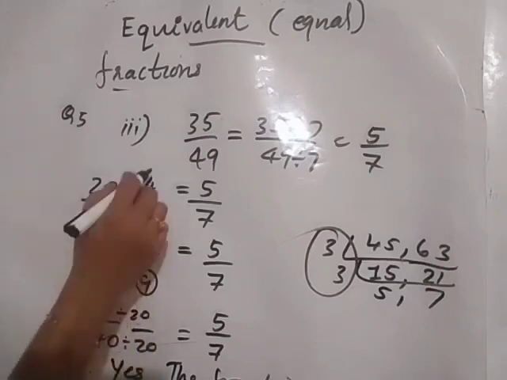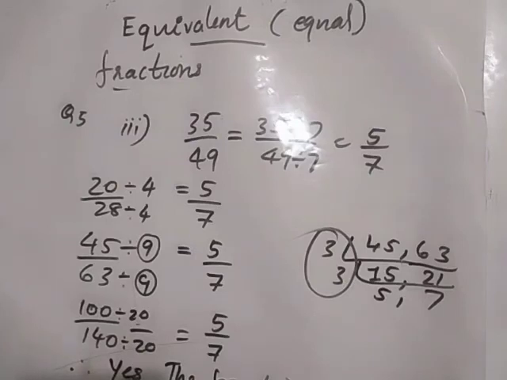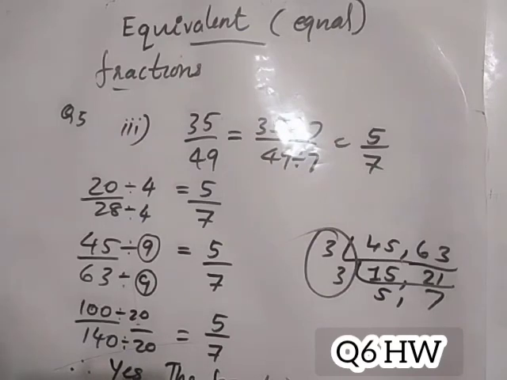In this way we can find all the HCFs. Find it and find out the lowest terms. If the lowest terms are equal, yes, they are equivalent fractions. If the lowest terms are not equal, they are not equivalent. Understood the topic? Okay. So these are the problems.